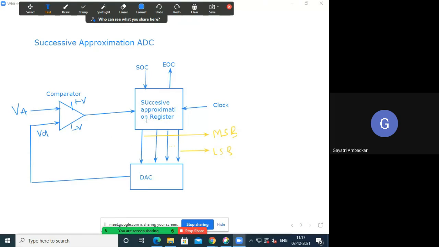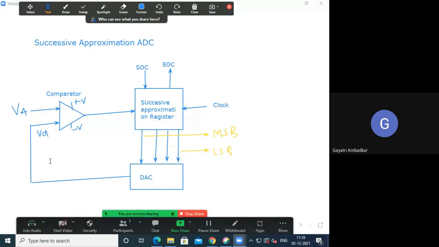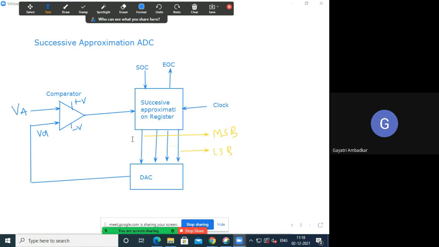The successive approximation register will start working when it receives the SOC signal, the start of conversion signal. Now how does this work? Initially all its outputs are zeros. When it receives a high signal, logic high meaning 1, first of all the output of the SAR is 0, 0, 0, 0. Suppose it's a 4-bit, then it is 0 like this.